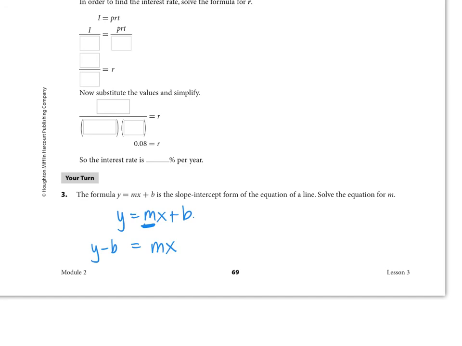The last step, in order to get m by itself, we're dividing by x, which means on the other side I'm also going to divide by x, and I end up with m equals, I flip-flop them around, m equals y minus b all divided by x. And there's your solution.